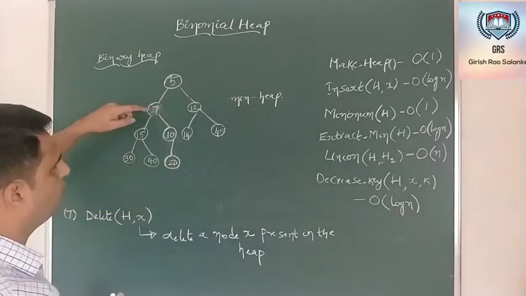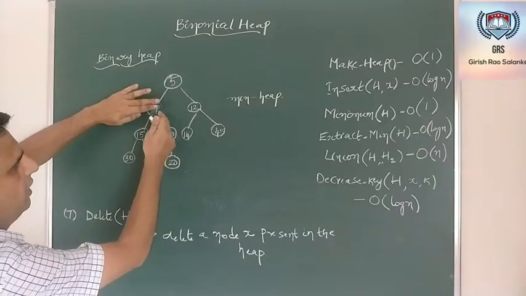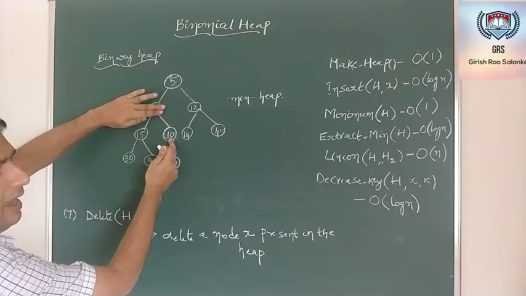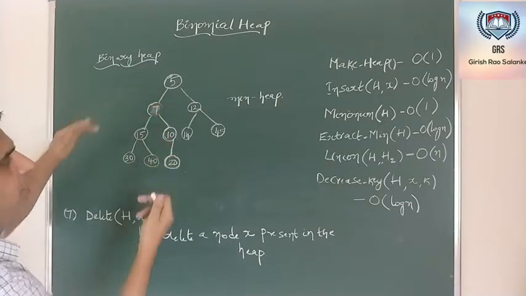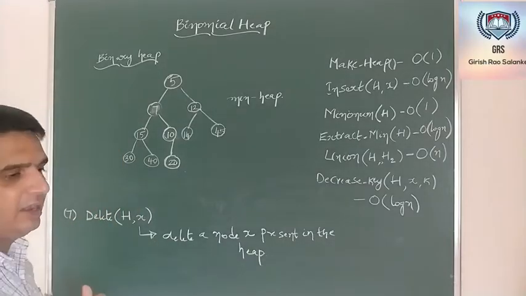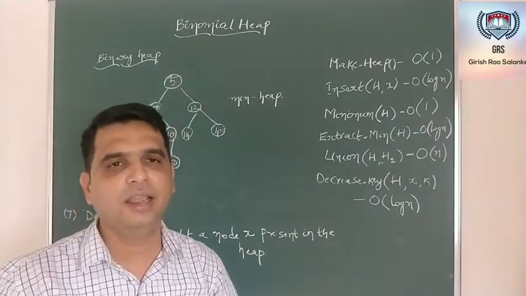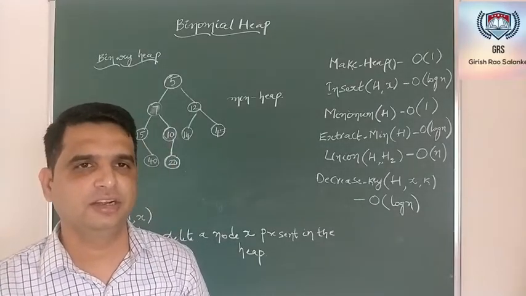Now if I want to delete 7, out of the children of 7, 15 and 10, one needs to be promoted. Basically this delete operation in turn uses the decrease key operation itself.